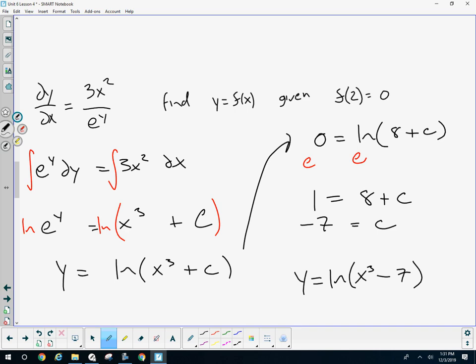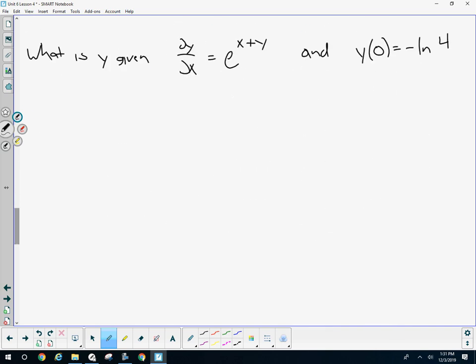Okay, next one. E to the x plus y. How do I separate x's and y's if they're in an exponent? Discuss with your neighbors. Yes, many of you have already written it down. Excellent.